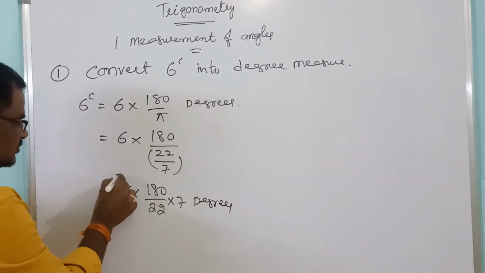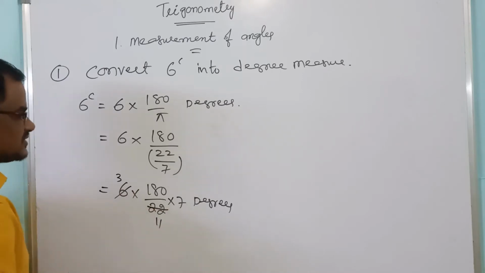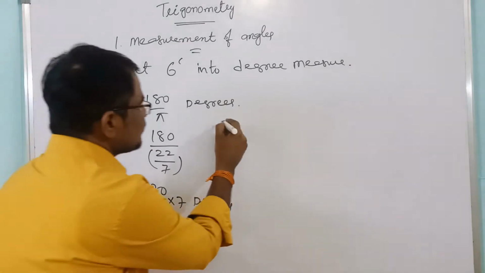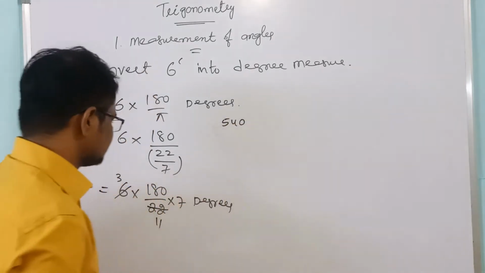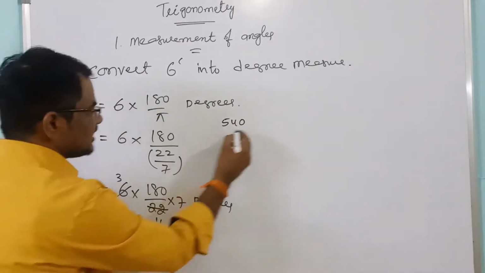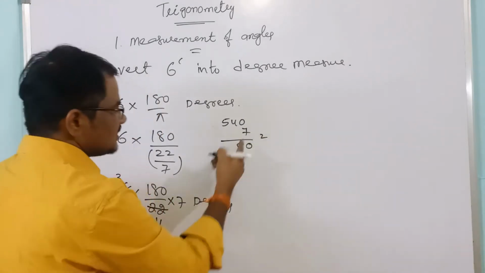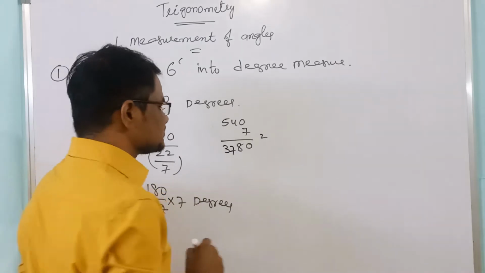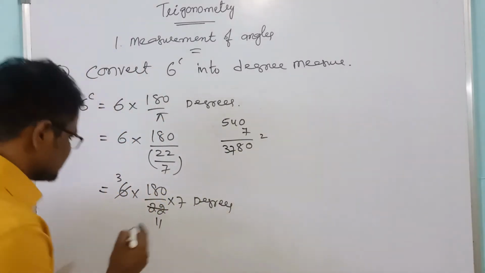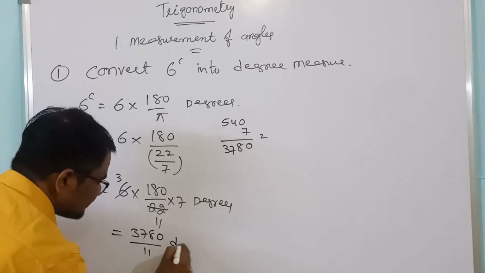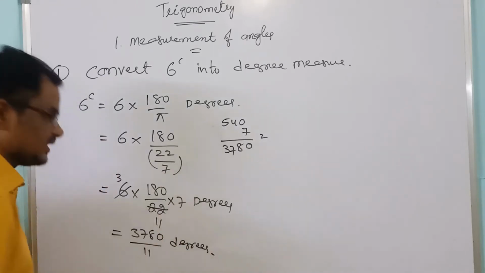Cancellation: this is 2, 3 times. This is 11 times, right? Now this is 3 into 180, 540. This 540 multiplied by 7 gives 3780. So this can be written as 3780 by 11 degrees, right?